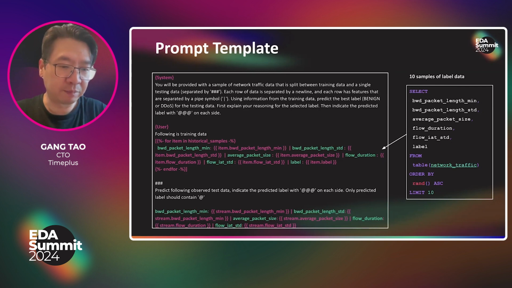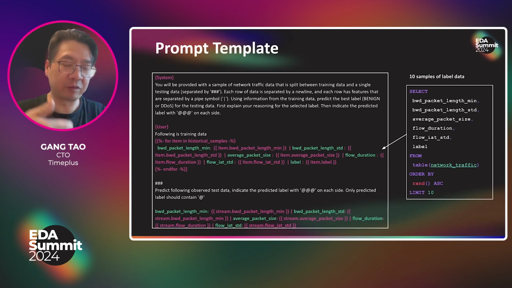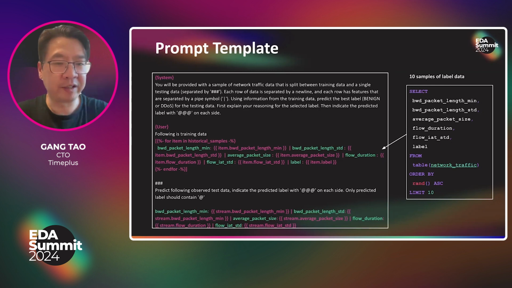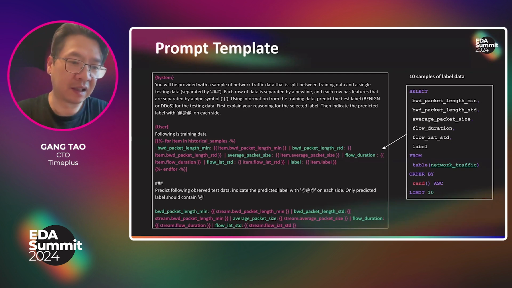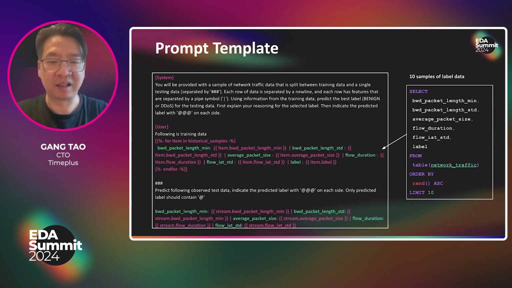And last, we provide the real-time data. This comes from the test data, from your network event. With this prompt, we ask the large language model to run a classification using the sample data and detect whether this newly arriving event is a DDoS or not. Let's run this sample a little bit.